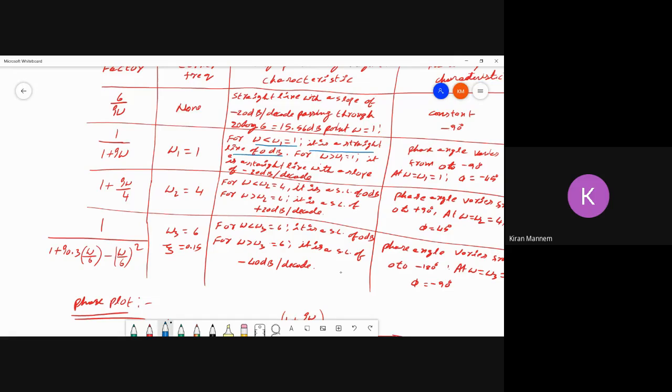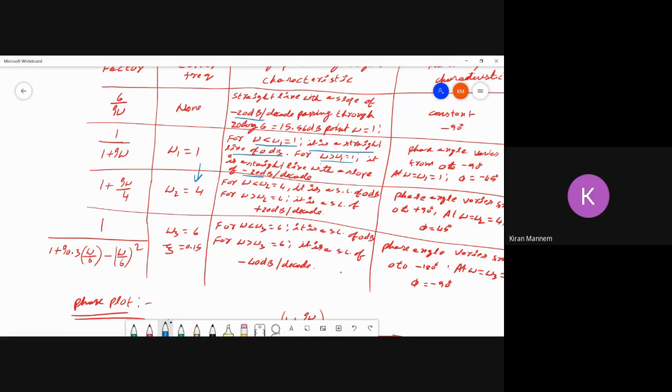So after that, what is happening? You are getting one more slope, which is a straight line with slope of minus 20 dB per decade. So after 1 and till the next corner frequency, which is 4 here, the slope would be minus 20 dB, and the previous one is minus 20 dB, right? So it would be minus 40 dB per decade between the corner frequencies 1 and 4.